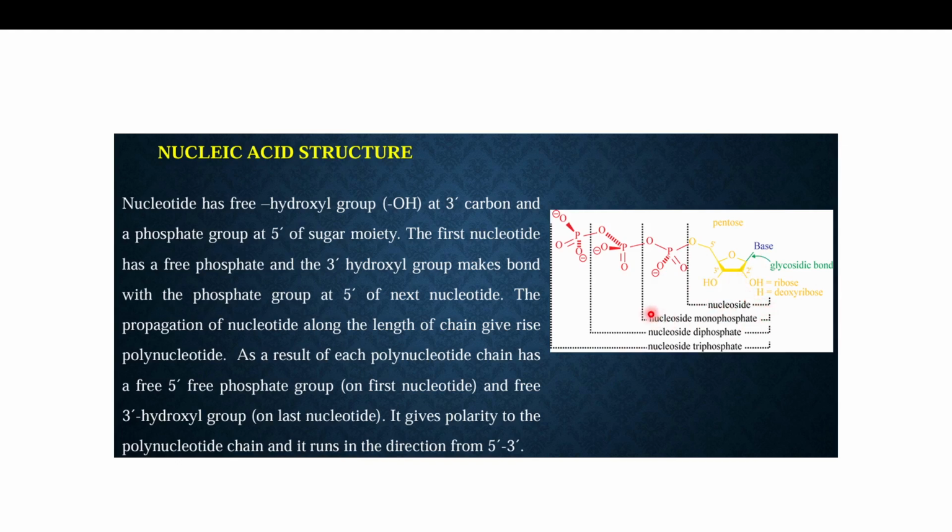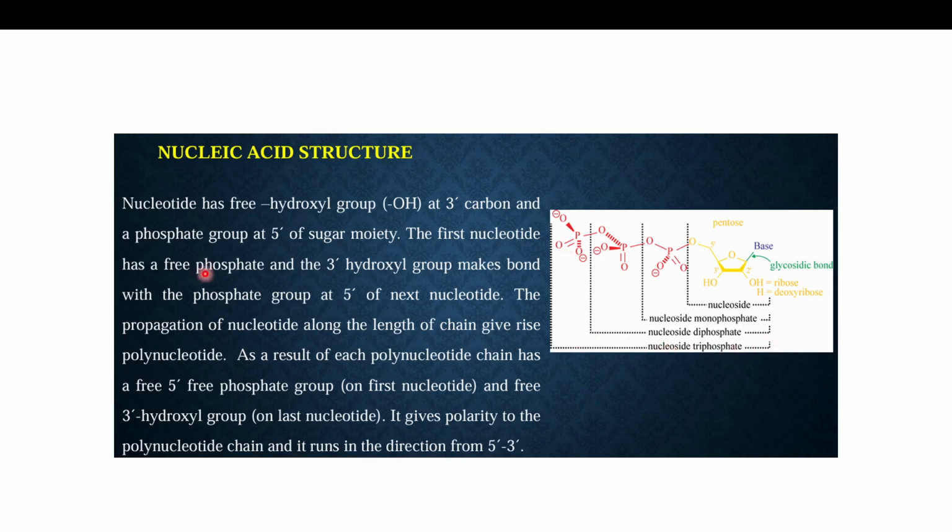A nucleotide is the base plus sugar plus phosphate group attached to it. The sugar can be either ribose or deoxyribose. A nucleoside monophosphate has one phosphate group, and there are also nucleoside diphosphates and nucleoside triphosphates, NTPs.